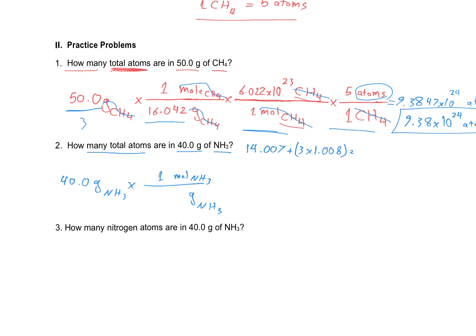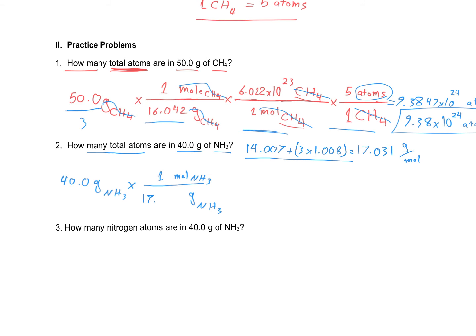If I put these in the calculator, 1.008 times 3 plus 14.007, it's 17.031 gram per mole. I find all of this information from the periodic table.